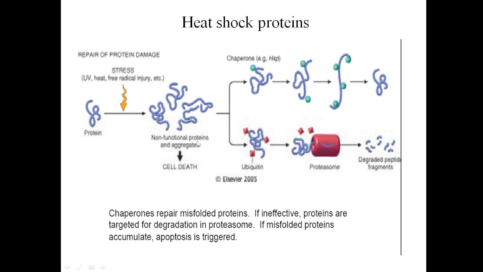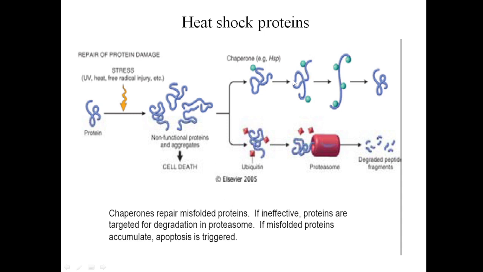If wrong configurations of proteins are not digested and accumulate in cells, the so-called prions, it leads to activation of apoptosis. The cell will die.